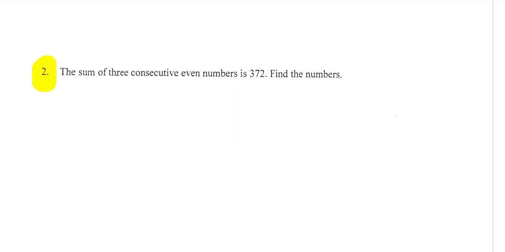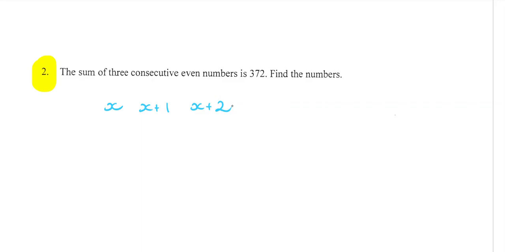So we have to use our equations, our algebra here. I'm going to call my first number that I'm looking for x. The next number along would have to be 1 bigger than that. So it would be x plus 1. And then the next number again would have to be x plus 2.